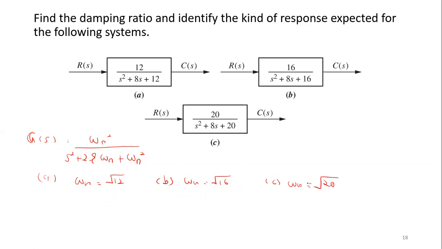For your damping ratio, it will be 8 over 2. Correct me if I'm wrong. For this one, it will be 8 also over 2, and for this one, it will be 8 over 2 times 20. For the first one, what do you get for A?